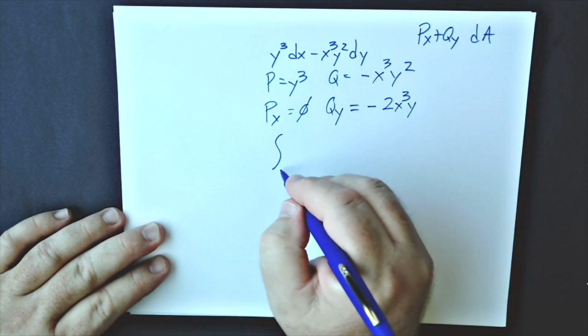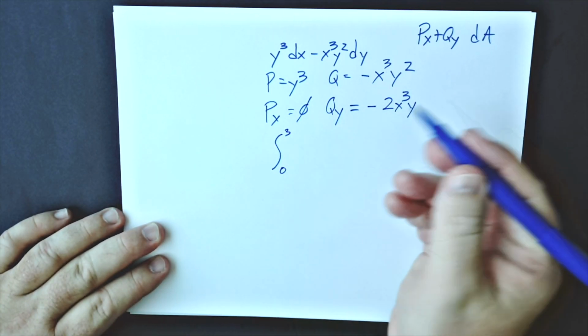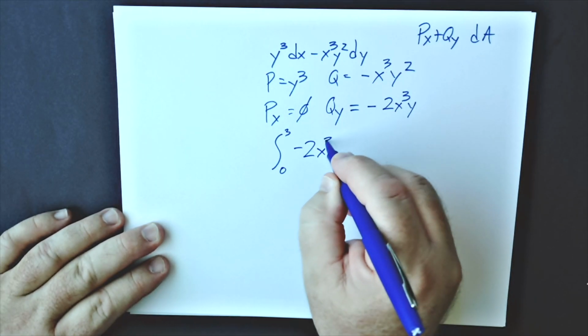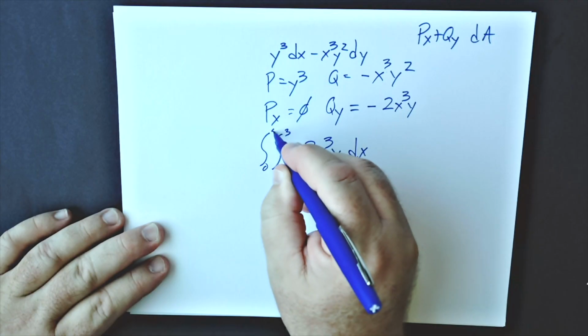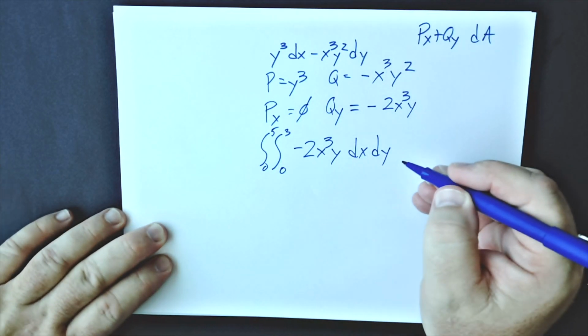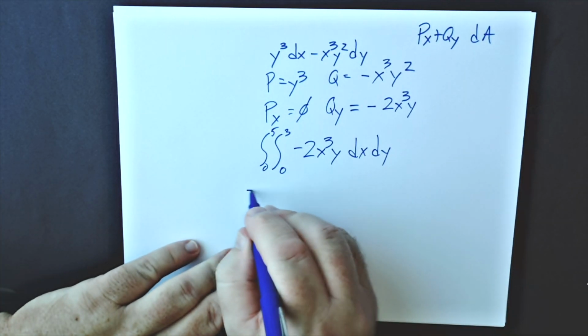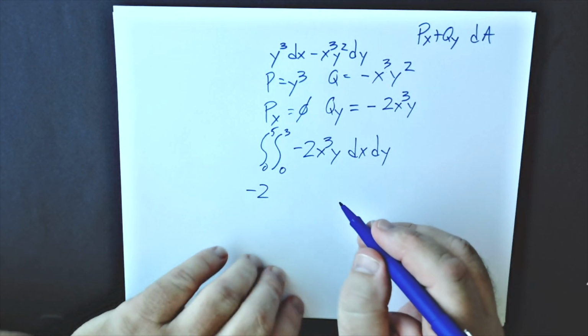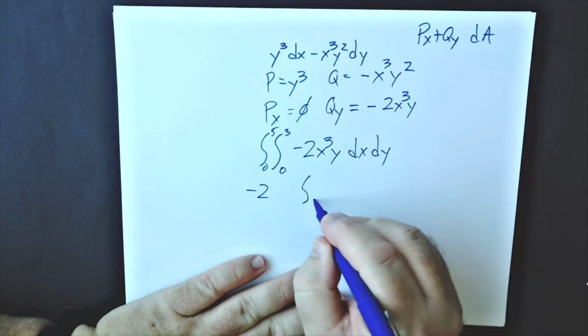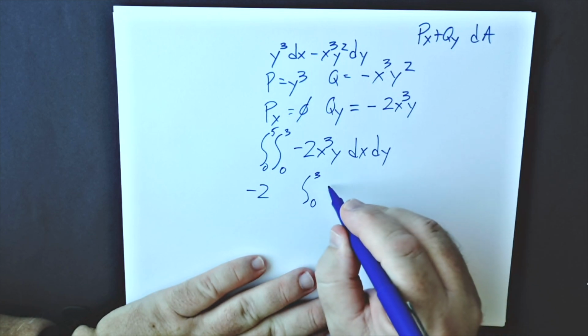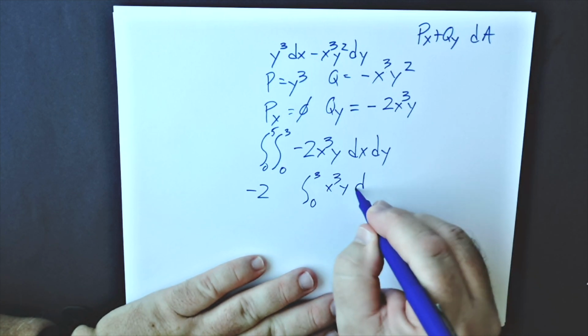Remember, my bounds were 0 to 3 on the x and 0 to 5 on the y. Let's bring that negative 2 out. And then we can look at the inner part there: 0 to 3 of x cubed y dx.